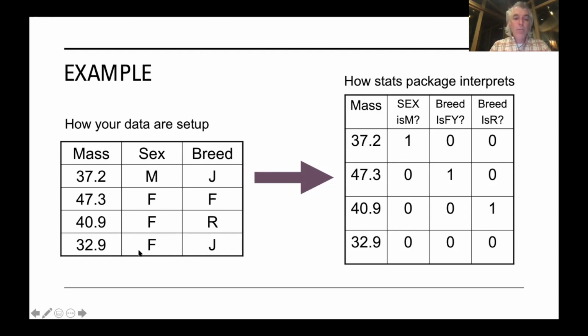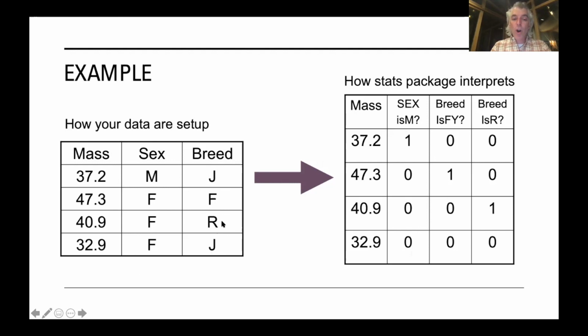So if we replace this sex variable with a question, is the sex equal to male? Then we replace the M with the number 1 representing yes, and the number 0 representing no, in this case for females.